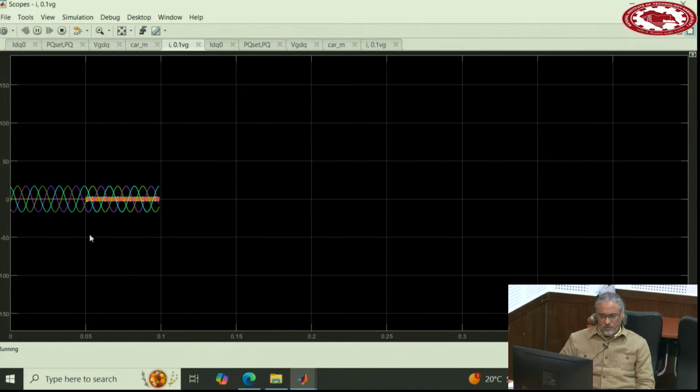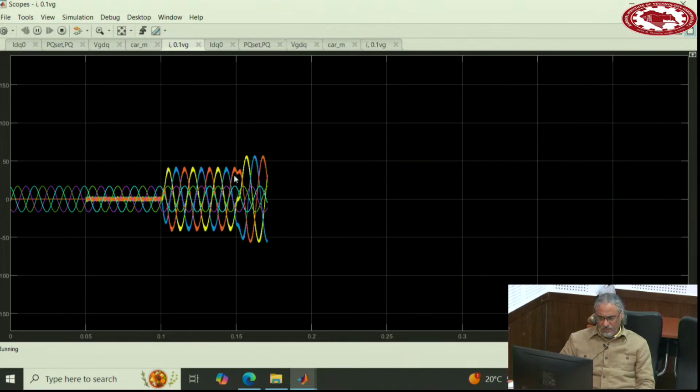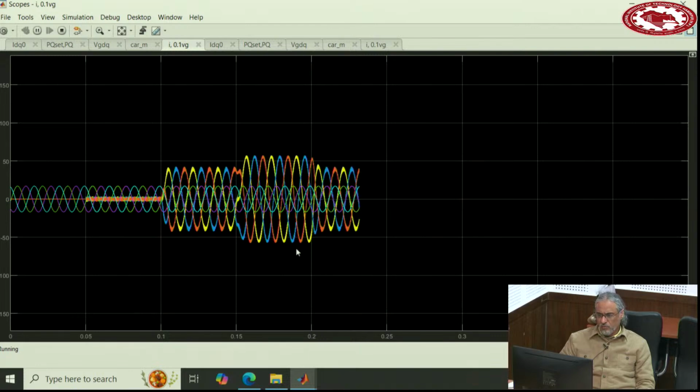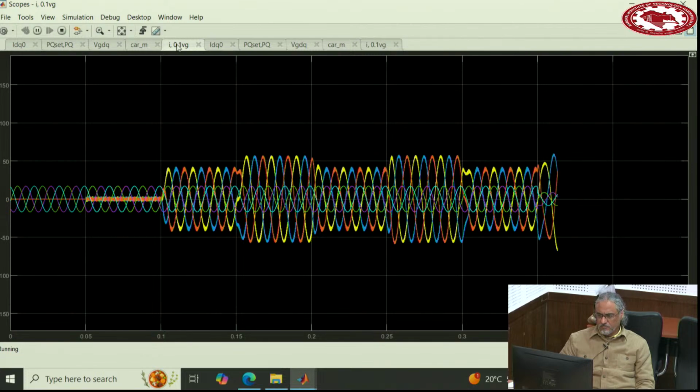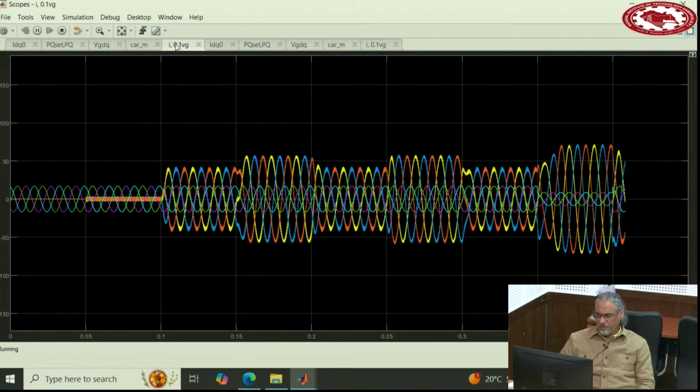Set points are 0. Then the real power set point goes to 10 kilowatt, so a current of about 40 amperes. The reactive power set point goes back to 0. It is shown here, real power, reactive power. And then current limiting, and then back to normal mode.